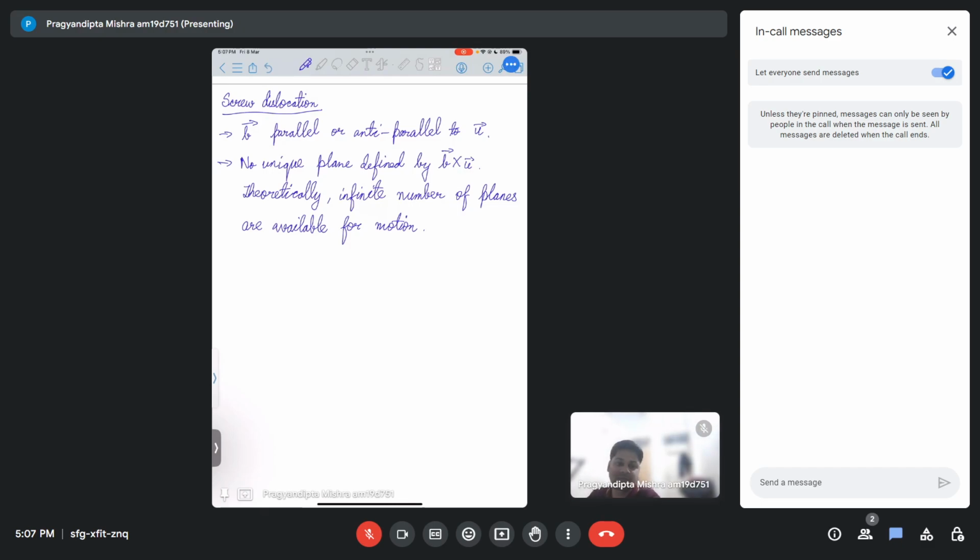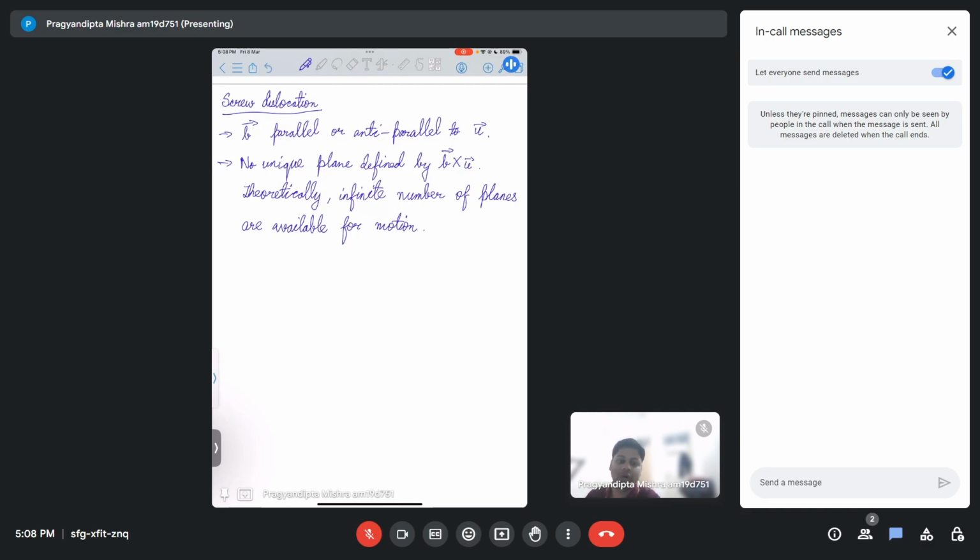So how do we know which plane the screw dislocation will move on? Let's say that there is a plane in which the screw dislocation is supposed to move. If we are not allowing it to move in that particular plane, then which direction will the screw dislocation go towards? How will we know that?